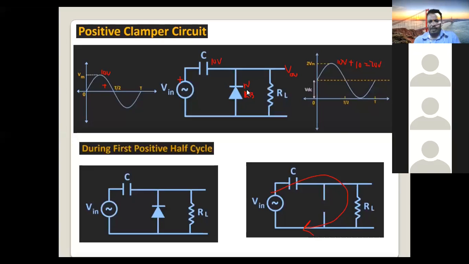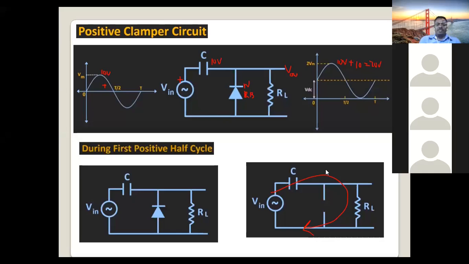Okay, let's continue. We are discussing a positive clamper circuit, a wave shaping circuit, which is used to shift a signal upward.